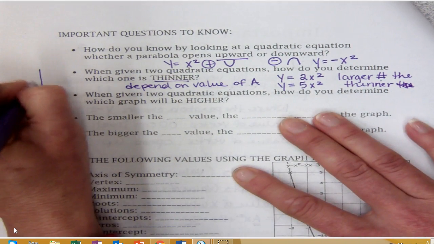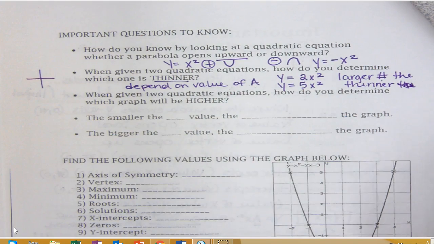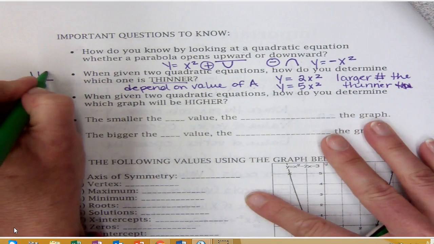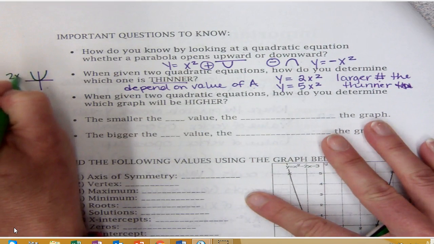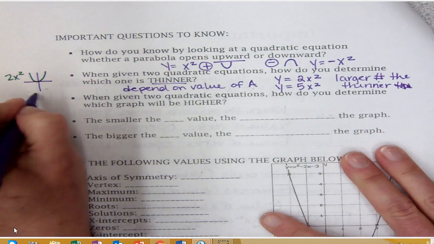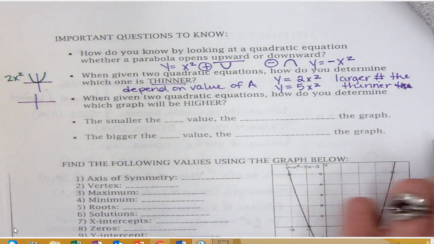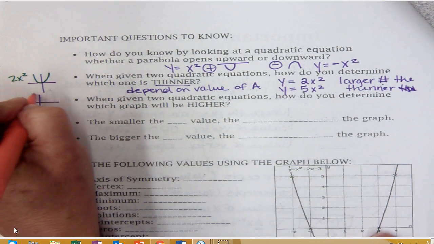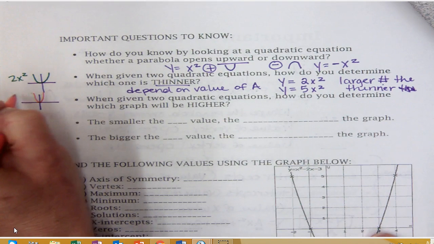So if I have this is my 2x squared, then maybe my 5x squared would look like this.